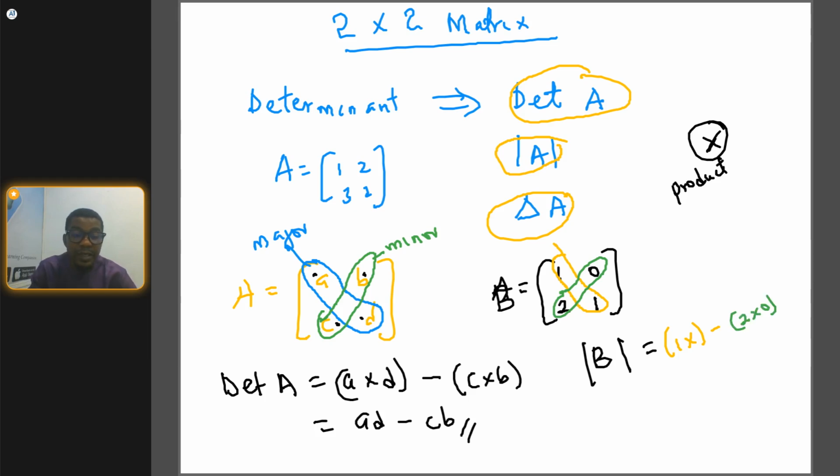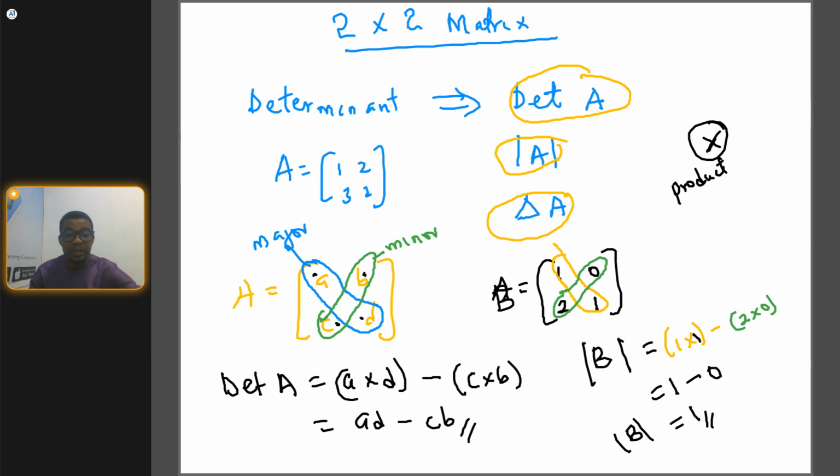To simplify, 1 times 1 gives us 1, minus 2 times 0, which is 0. Subtracting 0 from 1, the answer is 1. So the determinant of matrix B is equal to 1.